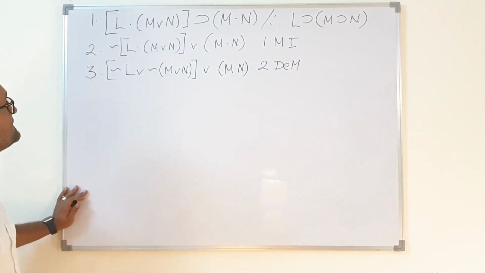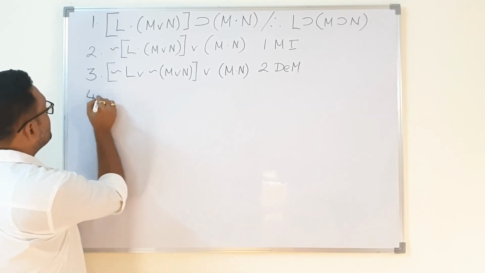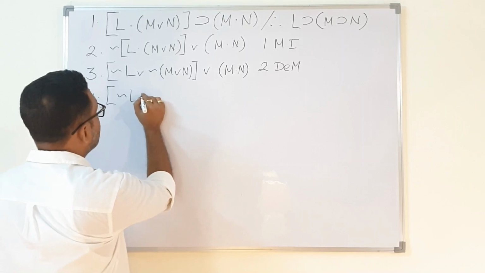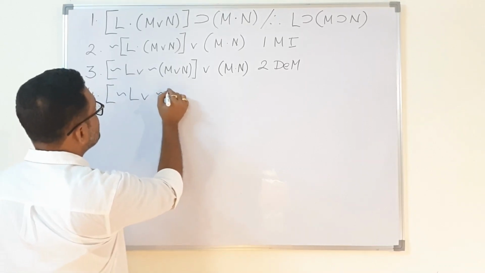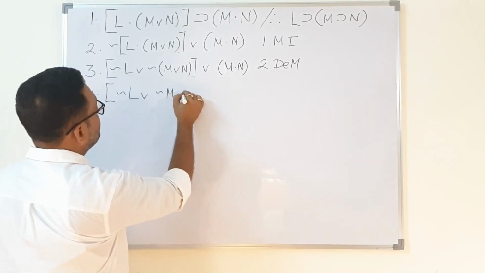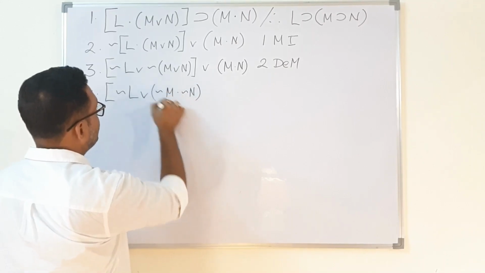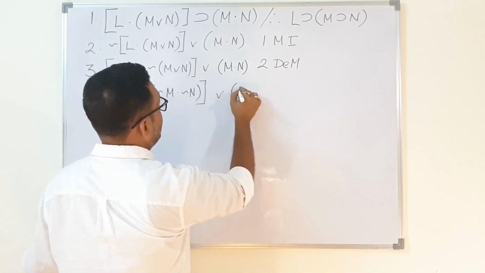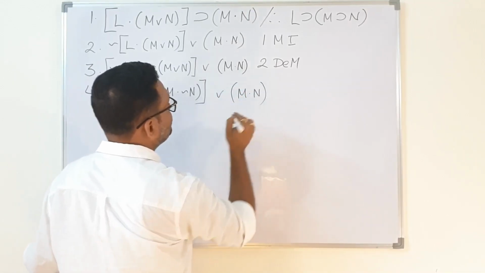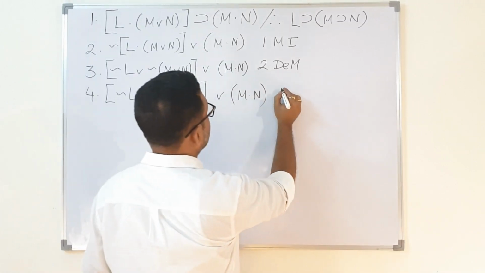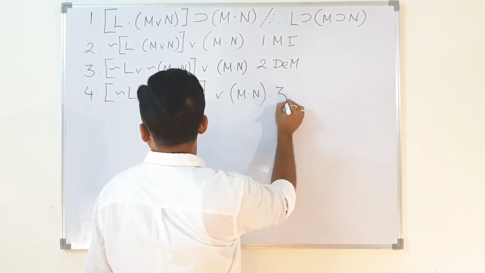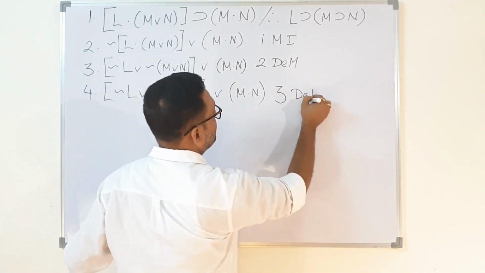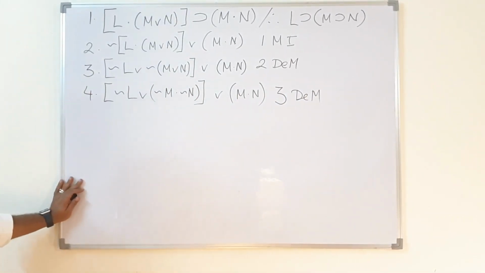So this is the expression which has come. So on step number 4, you will get negation of L wedge, negation of m dot, negation of n, right? So this is what we will get, wedge m dot n, right? So this is going to be step number 3, and you have applied De Morgan's on this line, so I am putting De Morgan's here. Okay, fine.